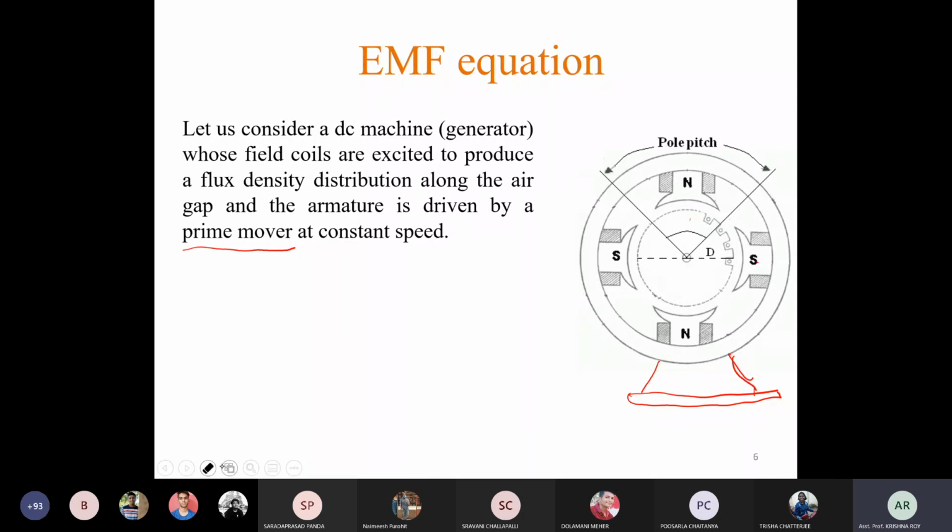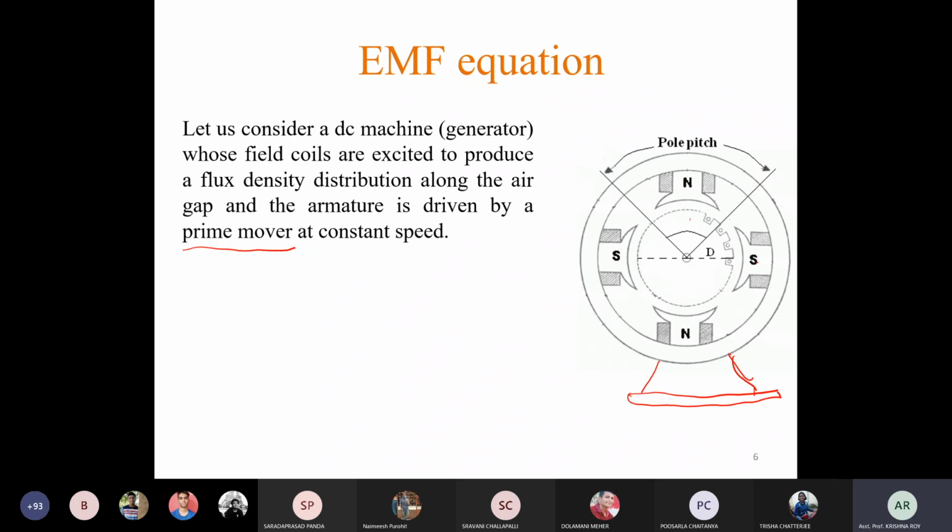In a thermal power station, normally these turbines are steam turbines. In a hydro power station, normally these turbines are water turbines. So these turbines will supply the mechanical energy to this rotor.